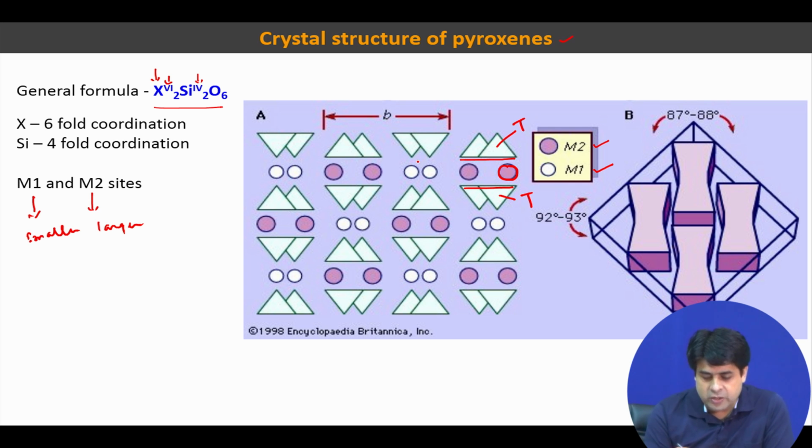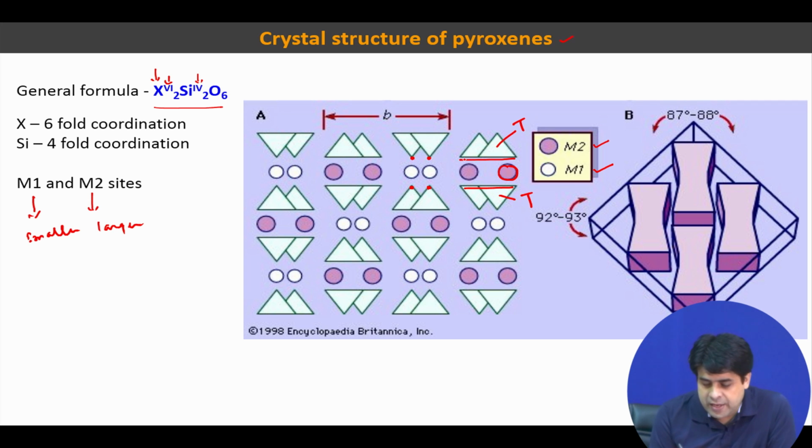But when you have the vertices of these tetrahedra, smaller sites are placed in between the vertices of the two tetrahedra. Why is that?